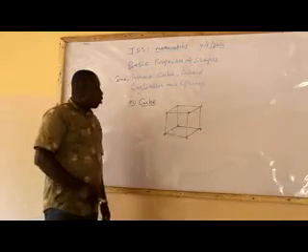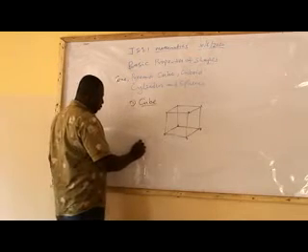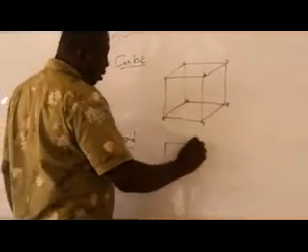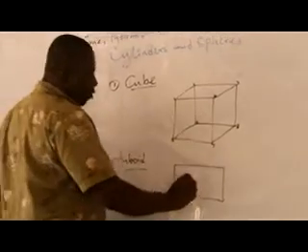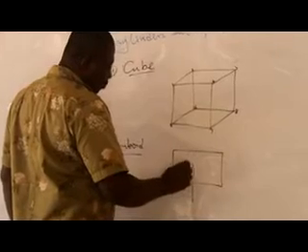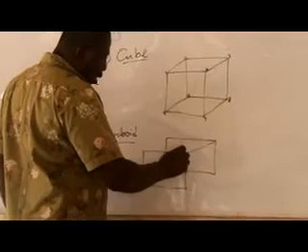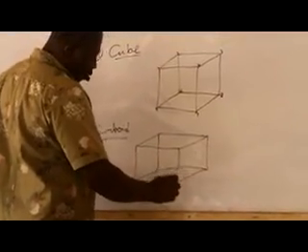Then what of a cuboid? A cuboid is a brother to a cube. A cuboid also has 6 sides, but the difference is that the faces are not square. Instead, they are rectangular. But they also have 6 flat sides. This is how a cuboid looks like.